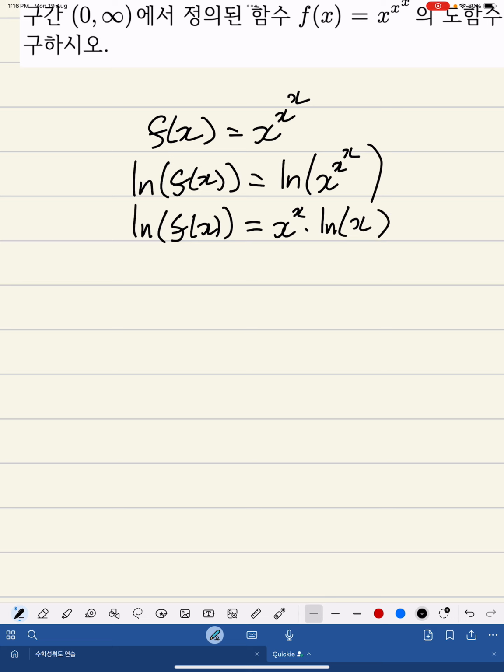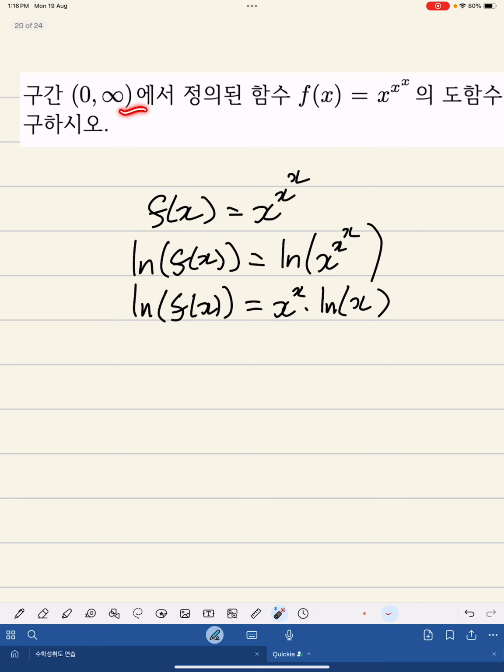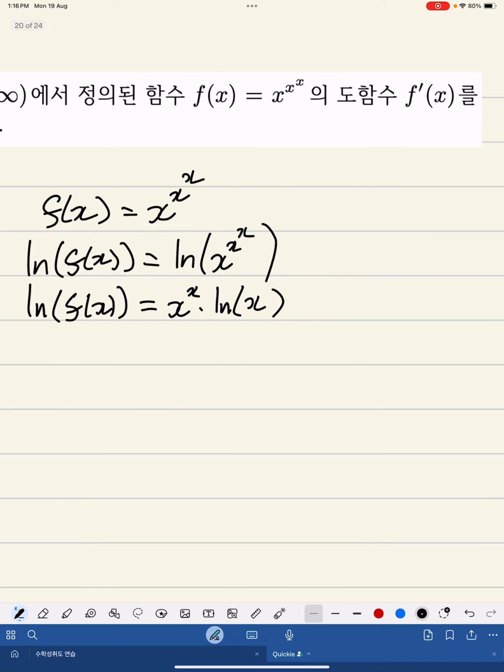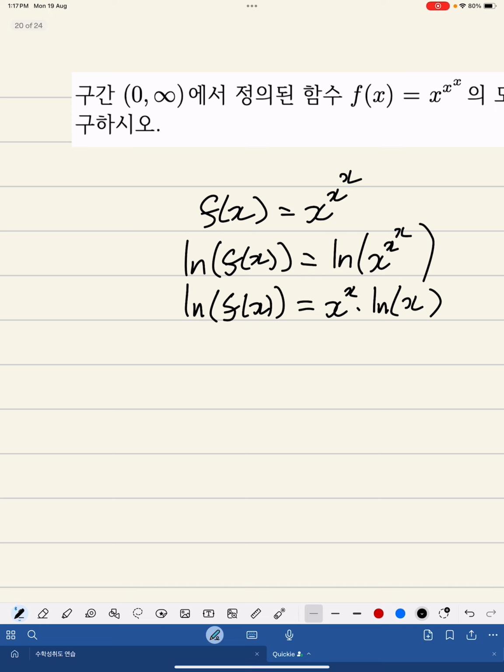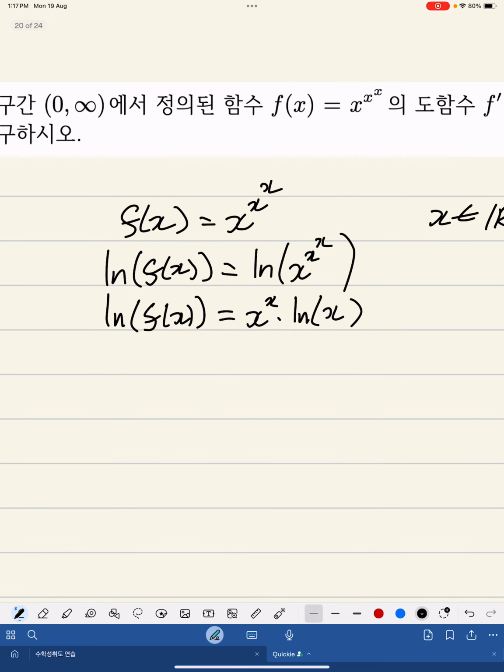And notice, the whole reason why this step works is because the domain x is defined as all positive real numbers, excluding 0, so those numbers can go in as numbers inside logarithms.